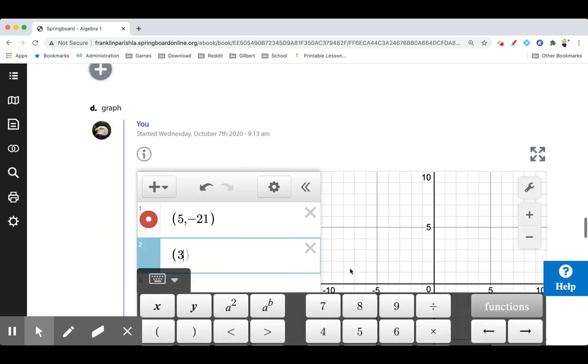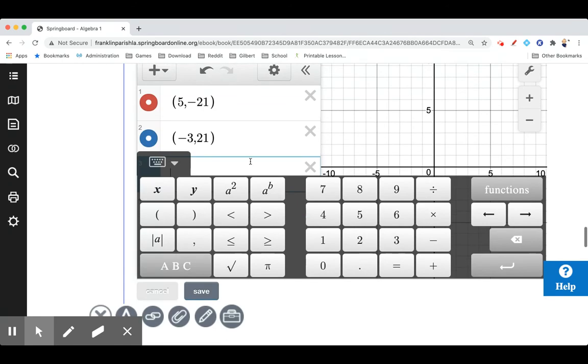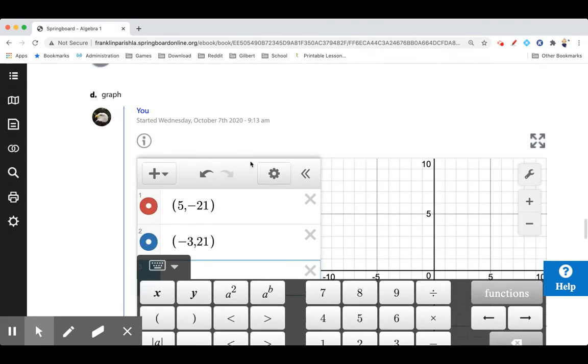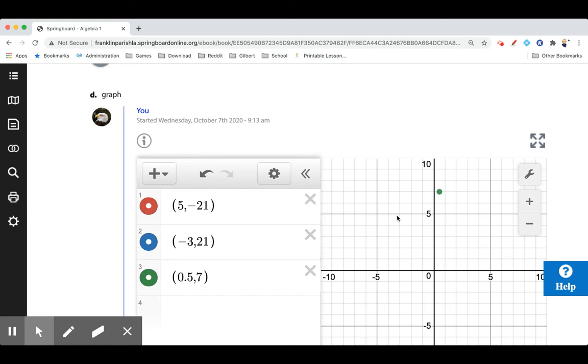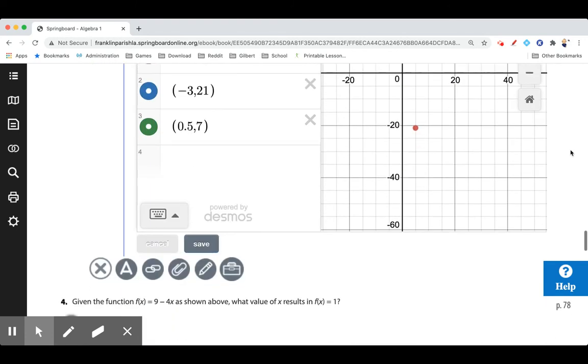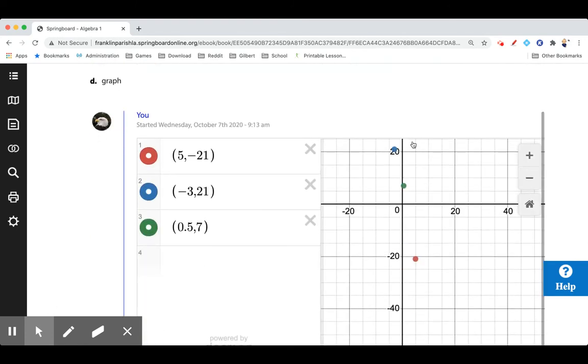Negative 3 goes with 21. And 0.5 goes with 7. Might need to zoom out a little bit so we can see our 3 points. There you go.